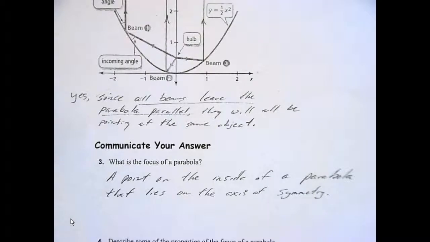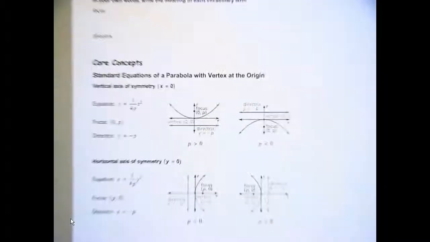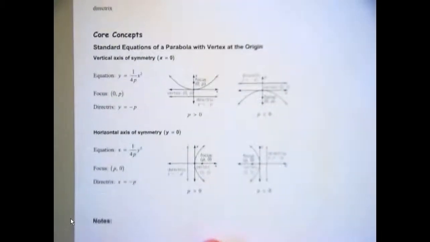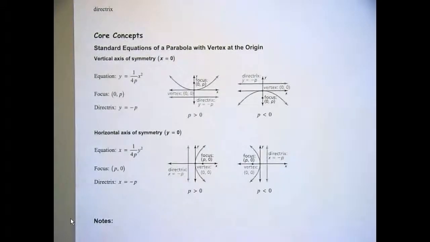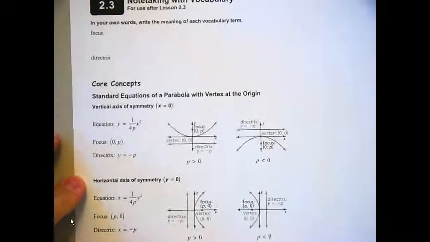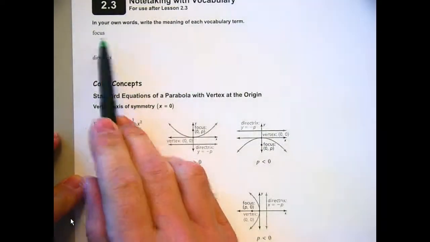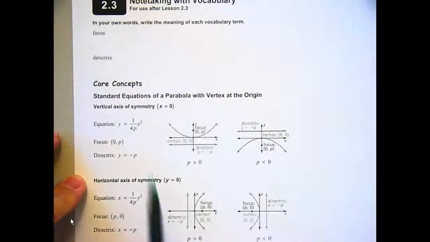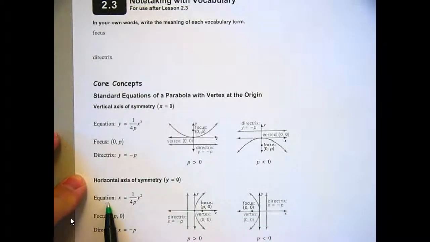Hey, I want you to take a look at your student journal just real quick. Page 36. There are some other terms here, but I want to make sure there was a mistake I saw earlier on. I haven't looked at your journals, but down here on page 36, we know what focus is, and we'll talk about directrix in a minute, but if you look down here at your horizontal, does it say Y for everyone or X?